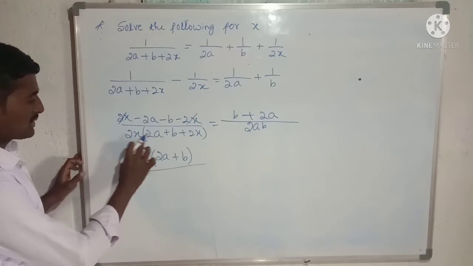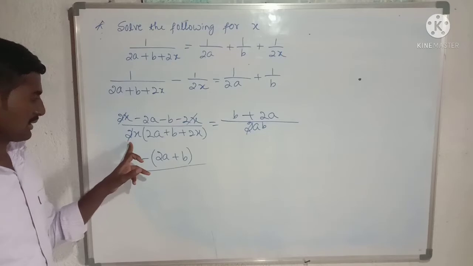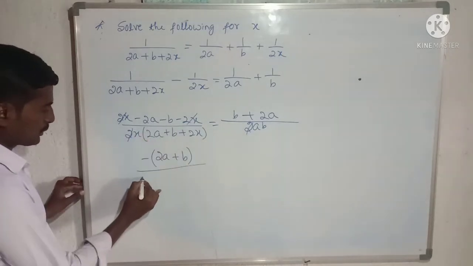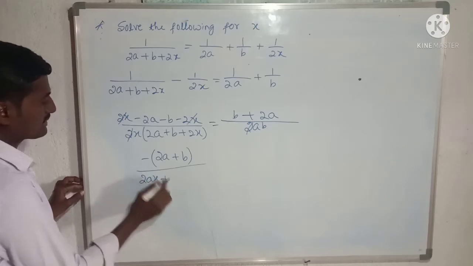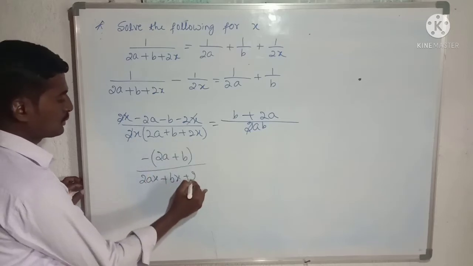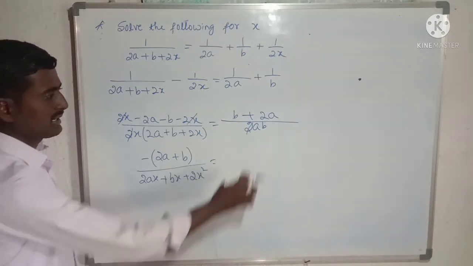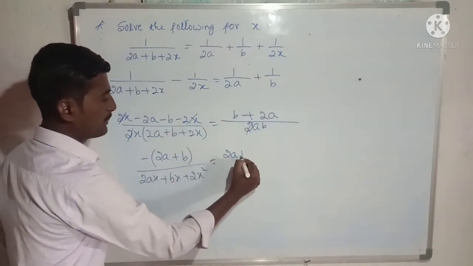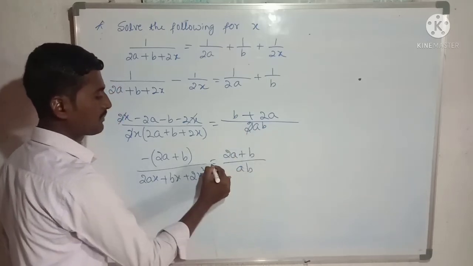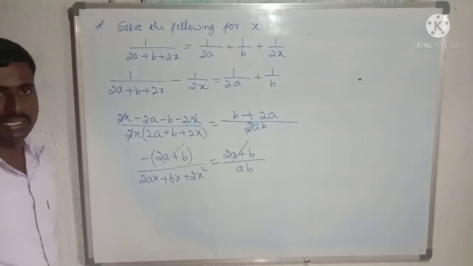That will become what? 4, or otherwise I will cancel 2 first. So I can cancel 2 here. Now I will multiply x. What it will become? 2ax plus bx plus, this will become 2x square, right? Is equal to, right side what will be there? 2a plus b divided by, what is the remaining? Remaining here is ab. Now here I can cancel 2a plus b, 2a plus b.